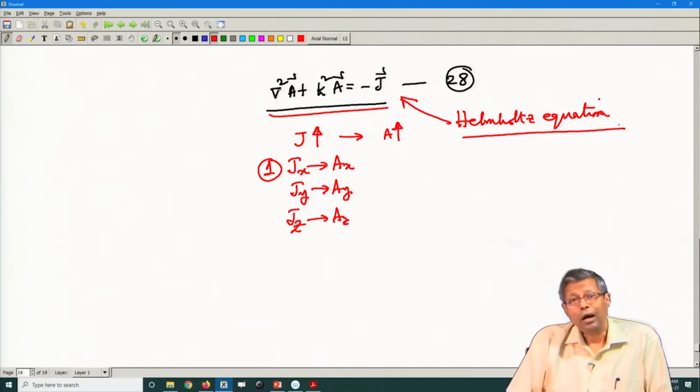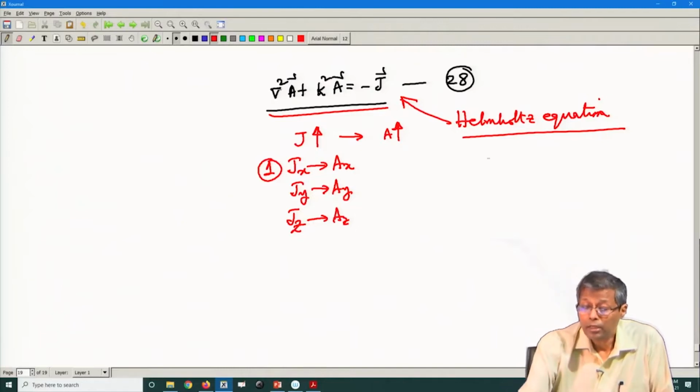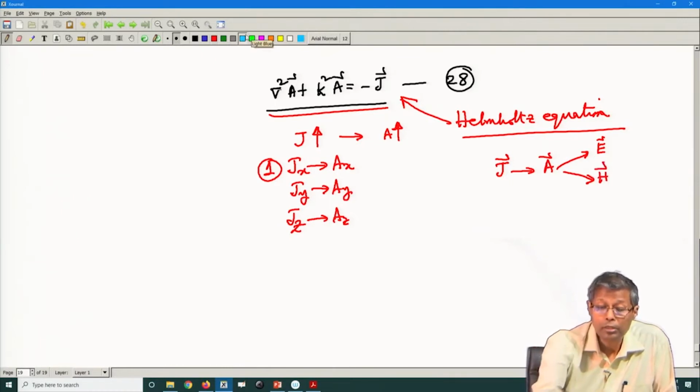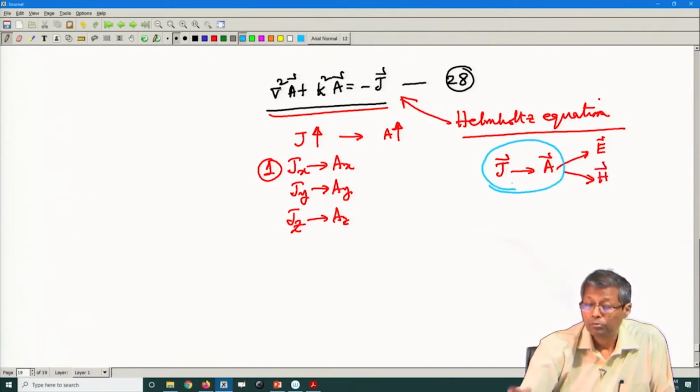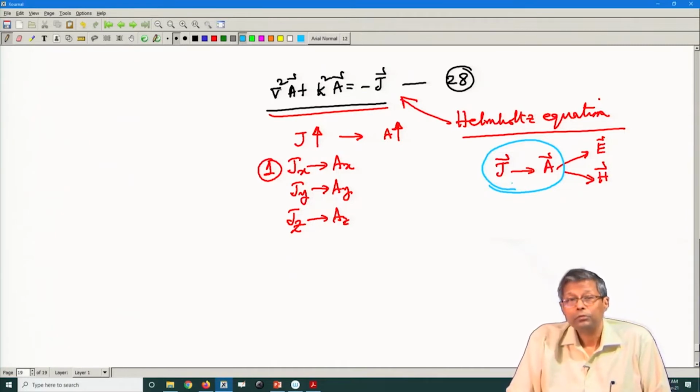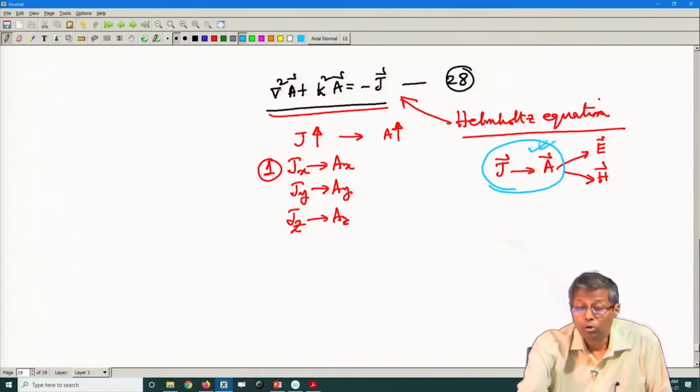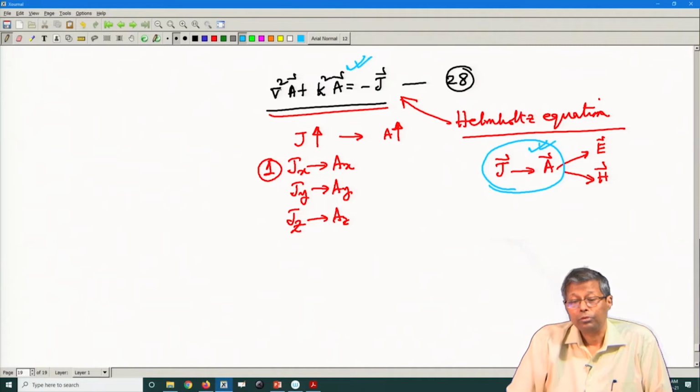Now, in a field computation problem, as you can see in this architecture, we go from J to A to the electric and magnetic fields. As I told you, this is the step which takes the maximum amount of resource. In fact, this step is the solution to the Helmholtz equation.